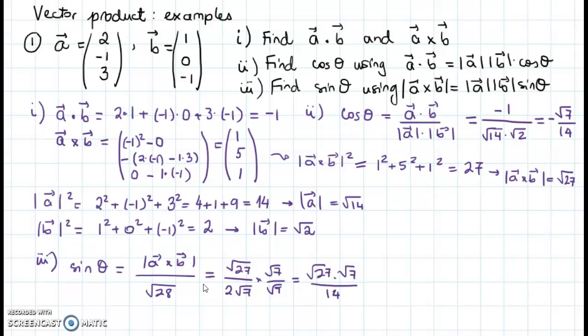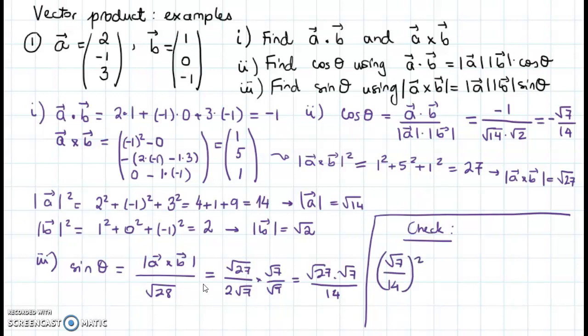If we wish to check our results, we would like to check that the sum of the squares of the cosine and the sine has to be equal to 1. So we can try that. The square of the cosine plus the square of the sine, we are going to get denominator 14 squared, and then on the numerator 7 plus 7 times 27.